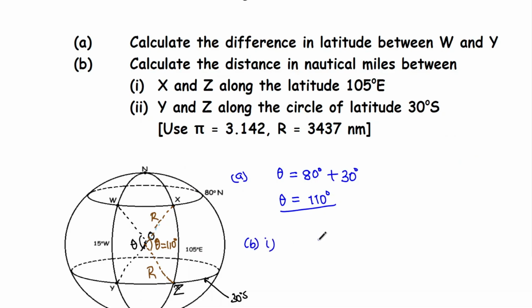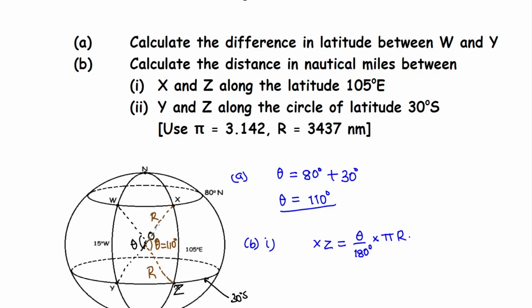It is an arc XZ, and this arc has a difference theta over 180 degrees times pi times r. Since it is a great circle, we use this radius r for our calculation.